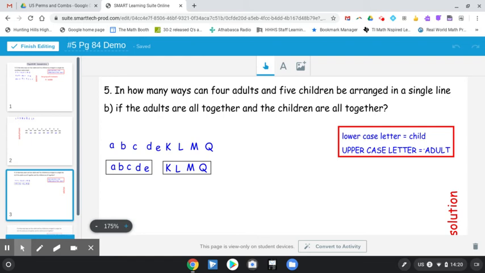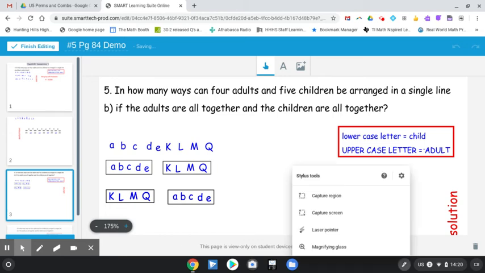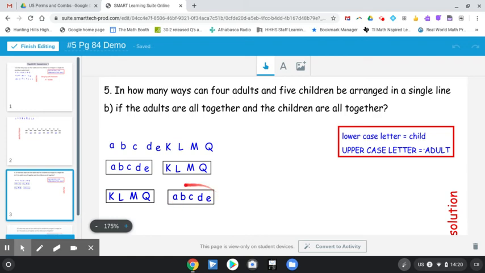So what I'm looking at in the big picture is I've got two elements that could be rearranged. All of these adults could go first, and the children could go last. So I'm treating this like one element and this like another element.